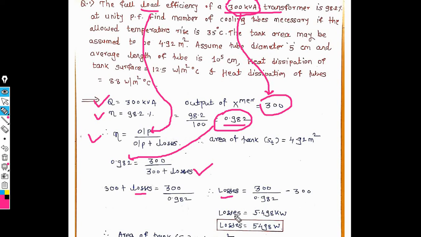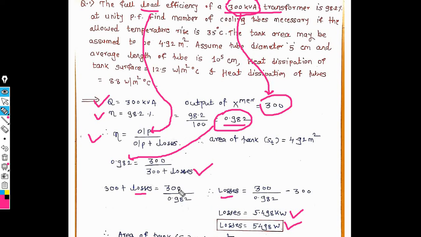Then losses is obtained as 5.498, and this is the value in kilowatt. This kilowatt value converts to watt, that is losses is equal to 5498 watt. This is the losses occurring in the transformer.